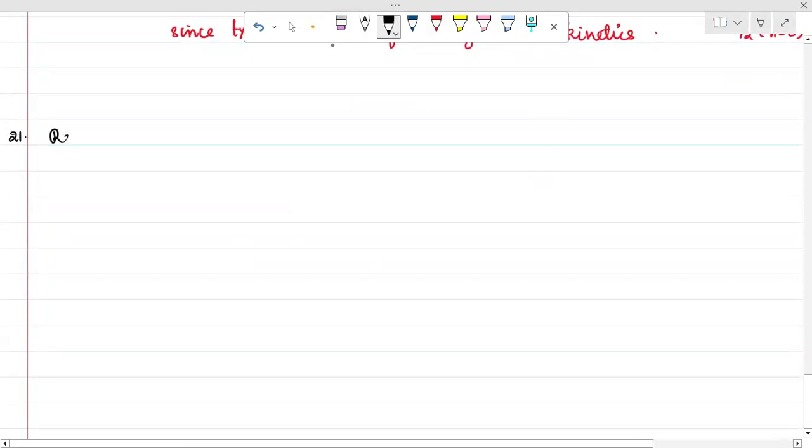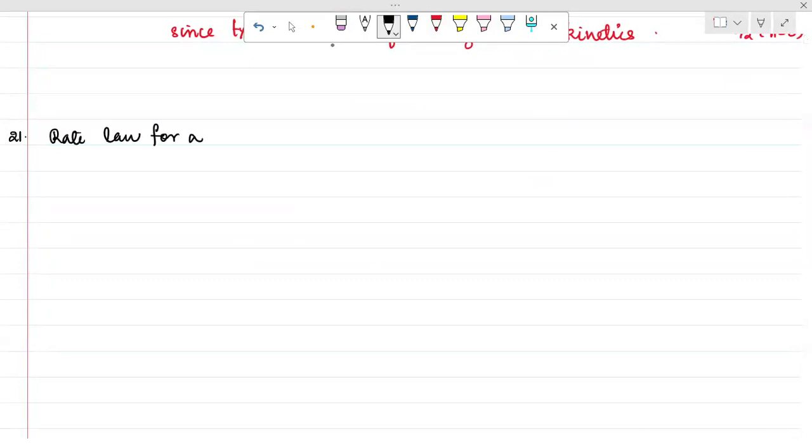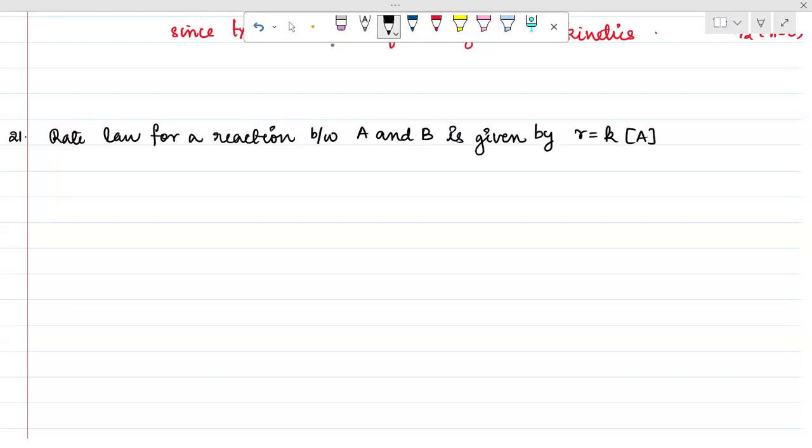A rate law for a reaction between A and B is given by rate is equal to K into concentration of A to the power n into concentration of B to the power m.